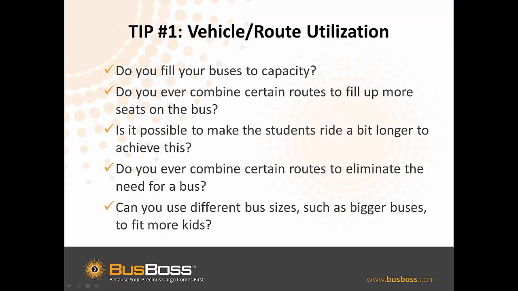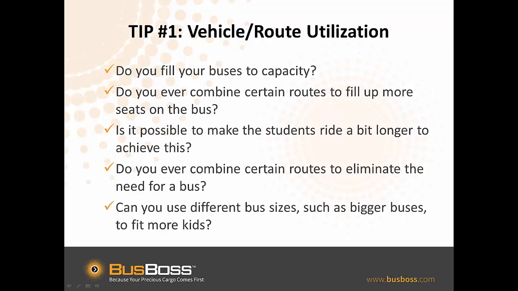So if you think about the different ride times, maybe you can switch where the elementary school kids can ride a little longer, the high school kids wouldn't ride as long. And then you can also try to combine routes for eliminating a bus. Now, when you're trying to eliminate a bus, if you have 10 elementary school buses running around and you're utilizing only 40 seats on that bus, well, you may be able to get rid of at least one of those where you're picking up more kids on those buses instead of having minimal kids to that bus.